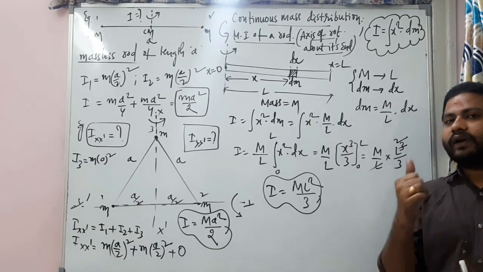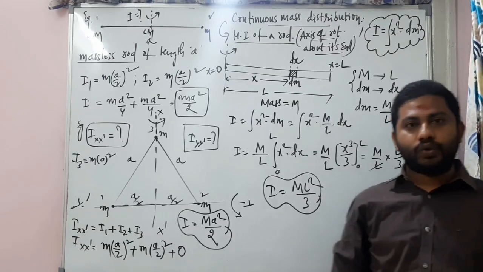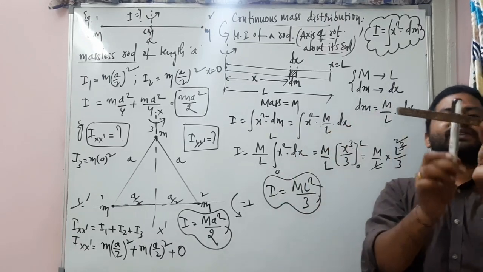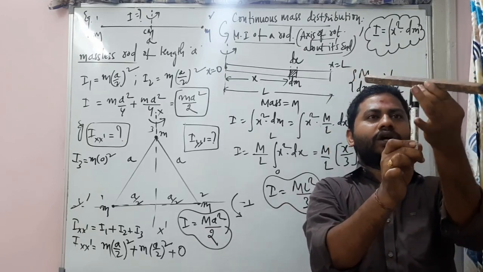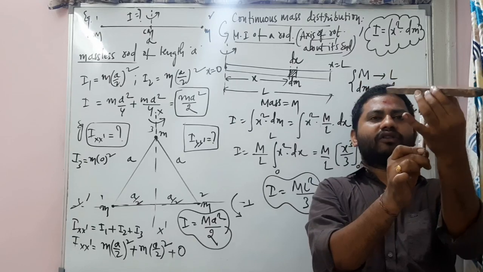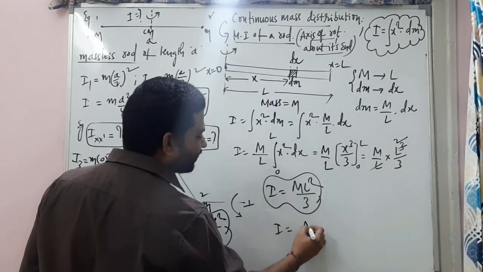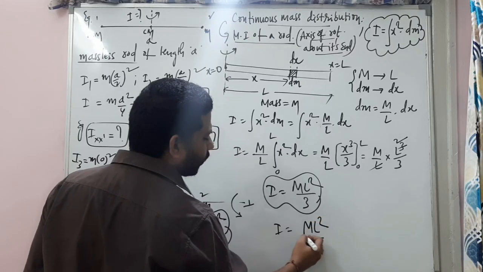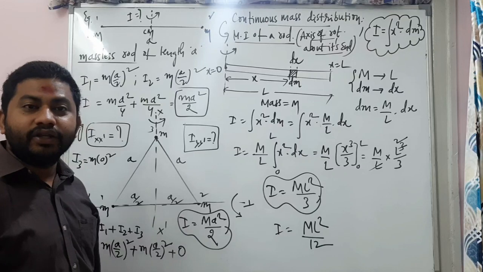Alright everybody. Now the interesting thing I'll show you. This is the center of mass of the rod. About the center of mass of the rod, the moment of inertia of the rod is mL square by 12. What is that? mL square by 12.